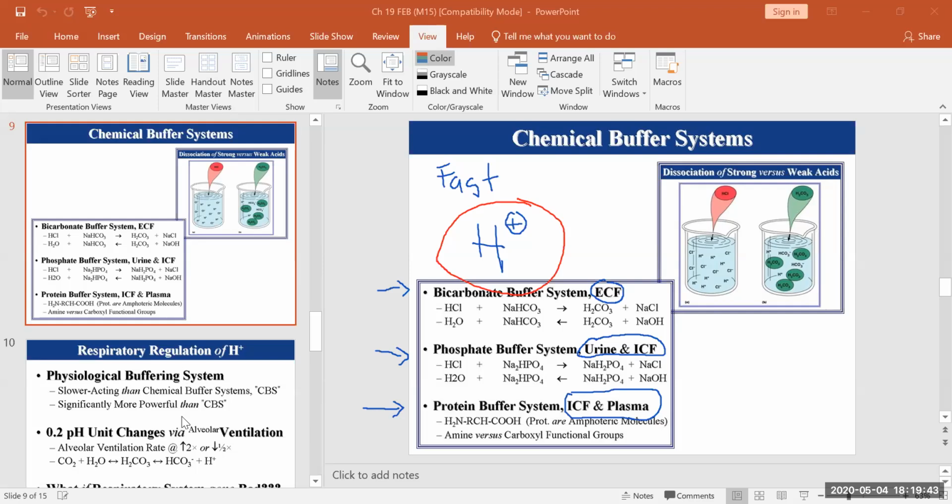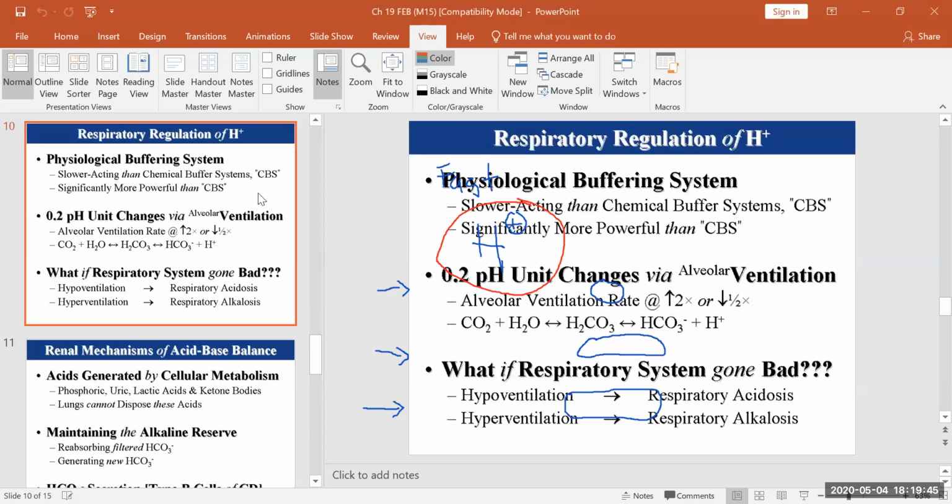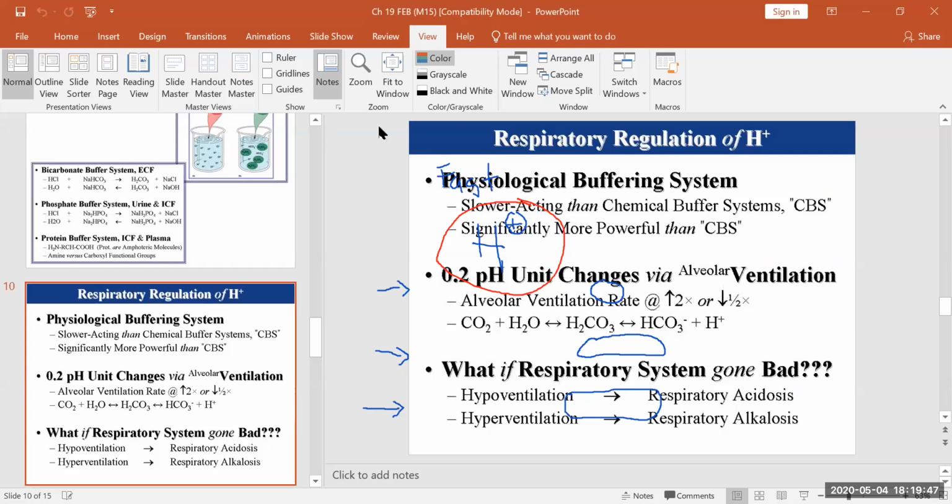Moving on to the next one, the respiratory system is also fast, also quick, but we have the same problem. It cannot get rid of those protons. The respiratory system is our lungs.